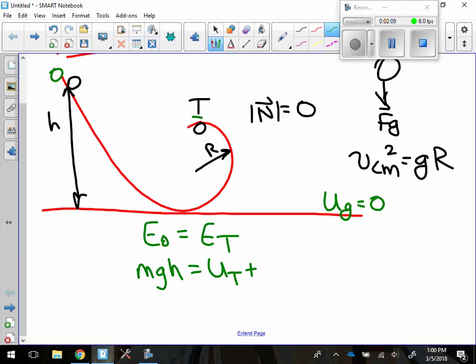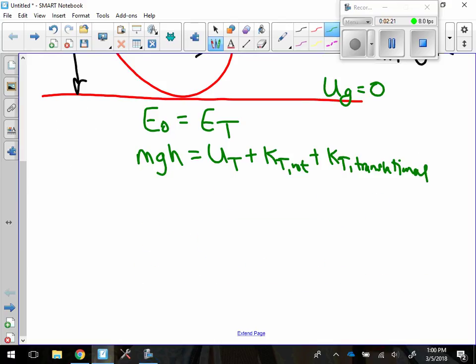Yeah, that we had two kinds of kinetic energy. We had rotational kinetic energy and we had translational kinetic energy. And I believe that that is where we were, ish.